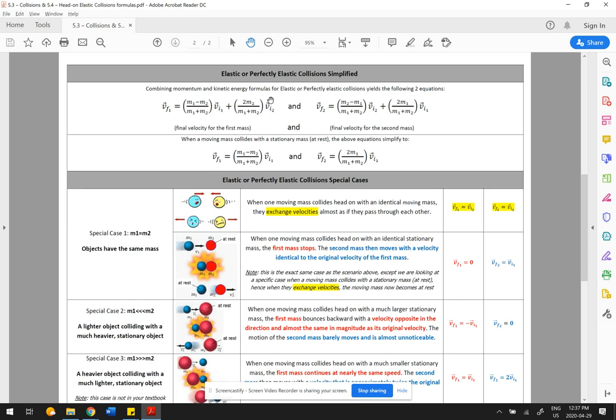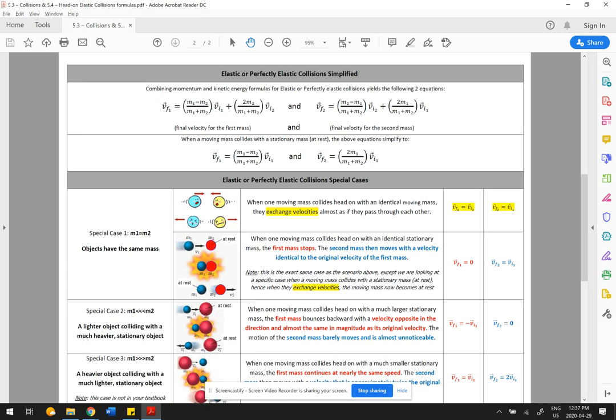Now, when we combine the kinetic energy formulas and the momentum formulas, there's a lot of derivations. Your textbooks will show you how these are derived. We will get two formulas, one for object A and one for object B, or object 1 and object 2. There will be a final velocity for the first object and the final velocity for the second object.